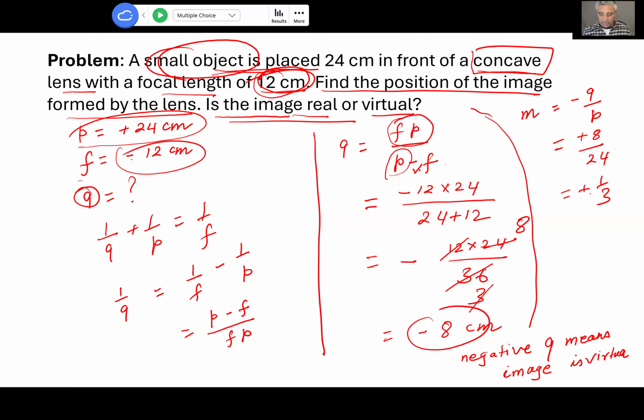So it is small. So diminished, they call it. So that's how we use this formula with signs correctly.